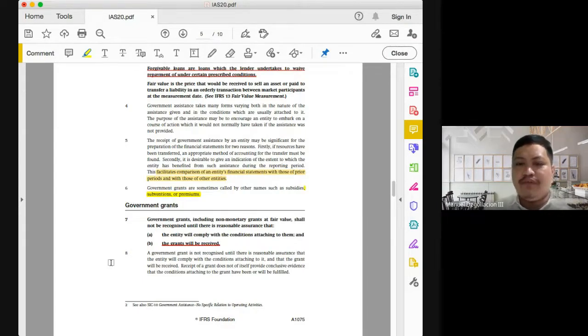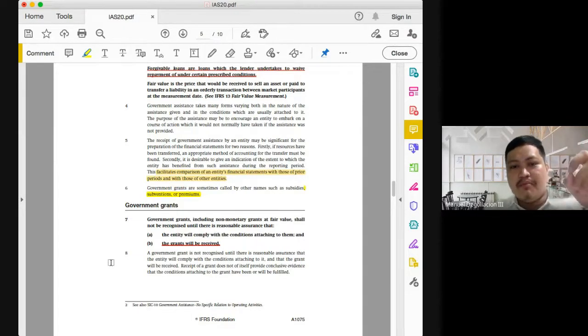Because if you do not qualify, then definitely you cannot say that a grant will become receivable. But again, the standard tells us the entity will comply and the grant will be received. To oversimplify, meaning it is receivable. Okay, but why do I want us to have that thinking that the government grants will be recognized when they are receivable?